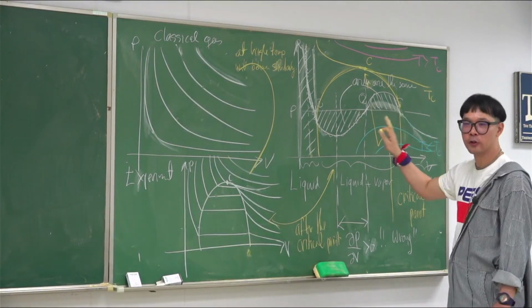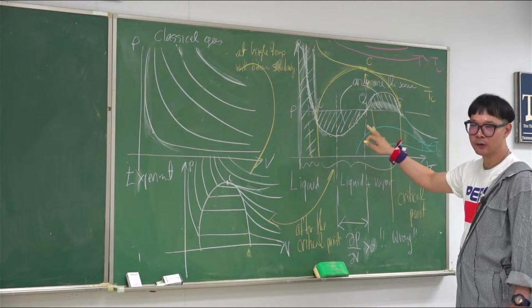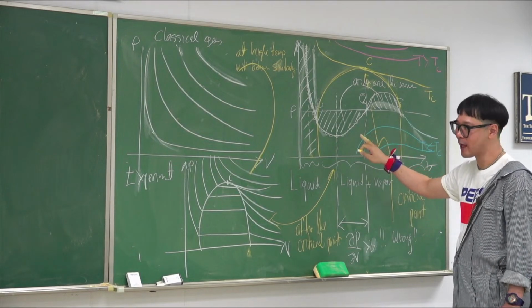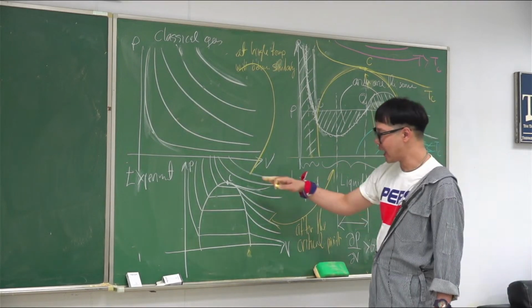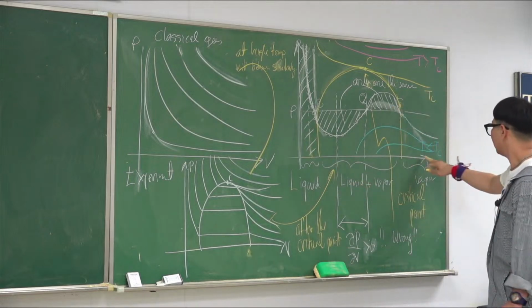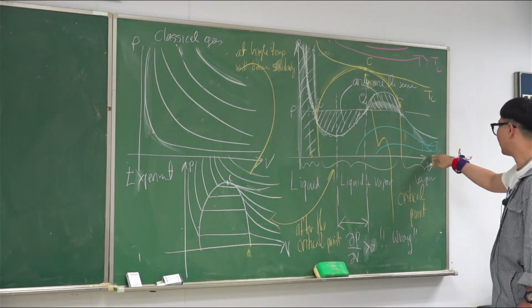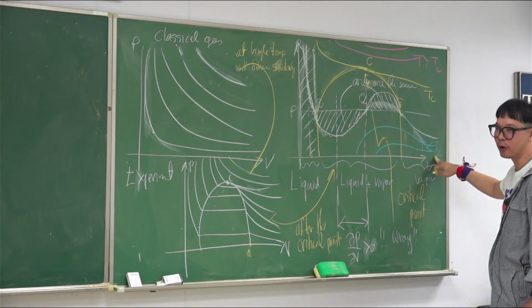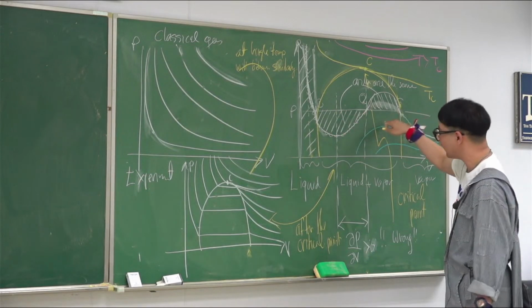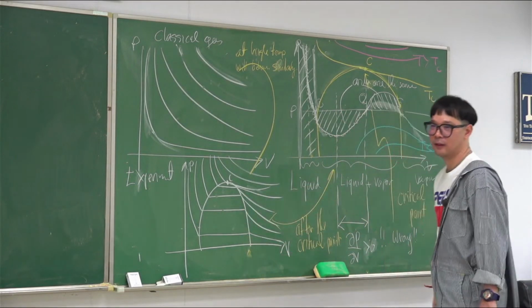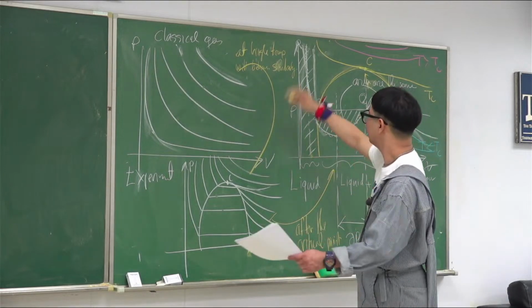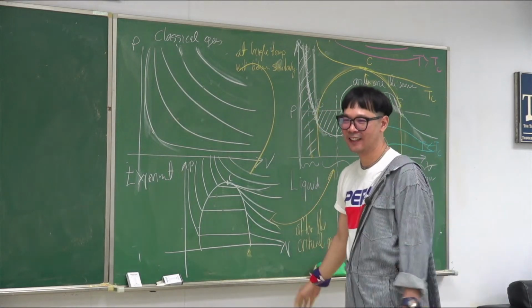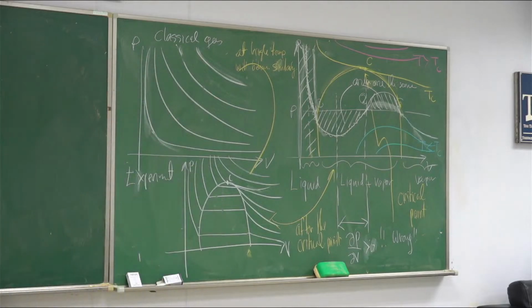You cannot use this van der Waals equation to explain the ideal gas at temperature lower than the critical temperature, because it's going to give you a wrong behavior, right? You see that actually the thing inside here is not the same as this. And again, you see the math, right? Okay, all right, I think I stop here.